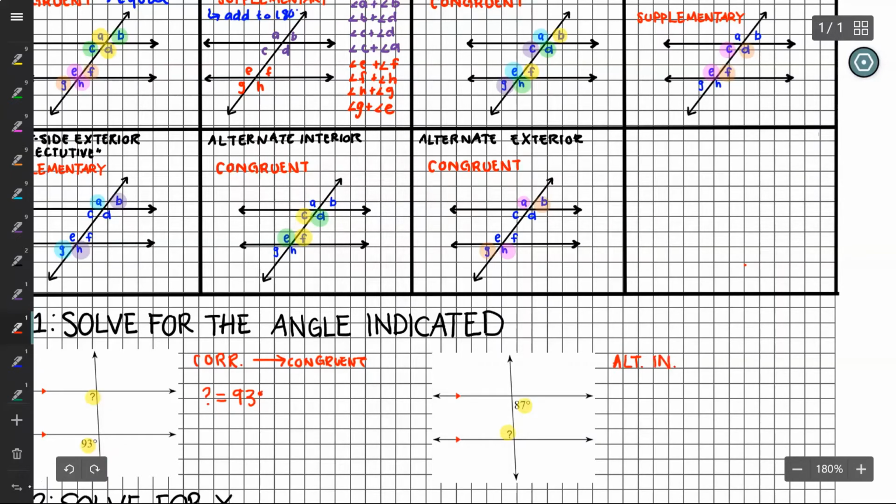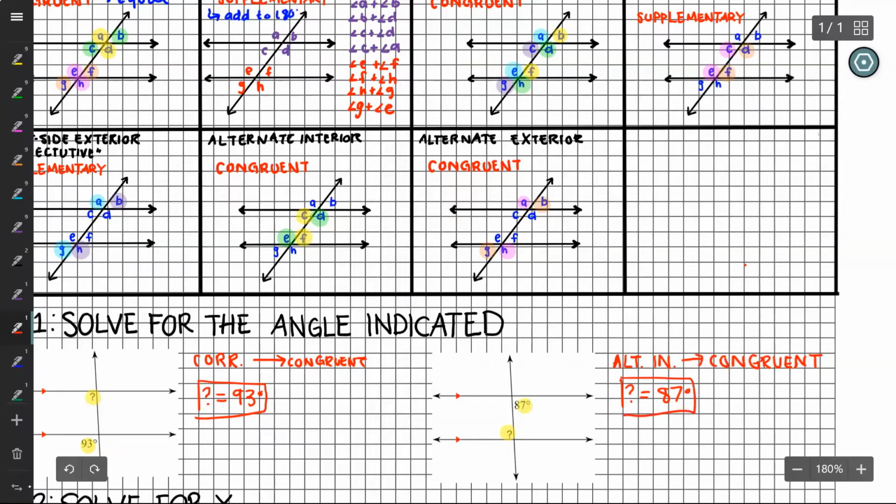And if I look at my table, I see that alternate interior angles are also congruent. So we're going to do the same thing here. So if my given is 87, my missing angle is also going to be 87 degrees. Alright, let's box those and we're done.